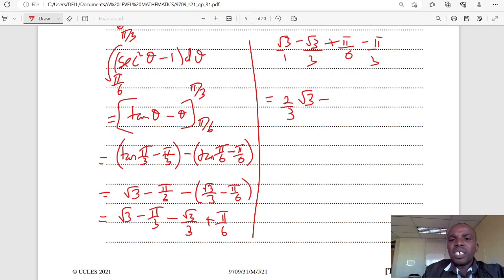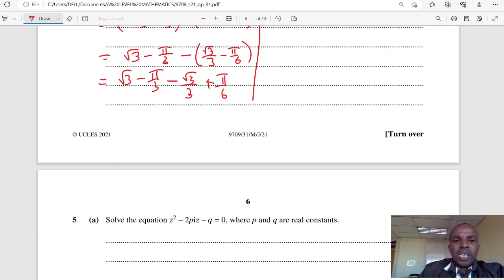Then on this part, it will be pi over 6 minus pi over 3, 1 over 6 minus 1 over 3. So 6 here, 1, pi, 2, so it will be minus pi over 6. Like this. Then done. Right. Next item.